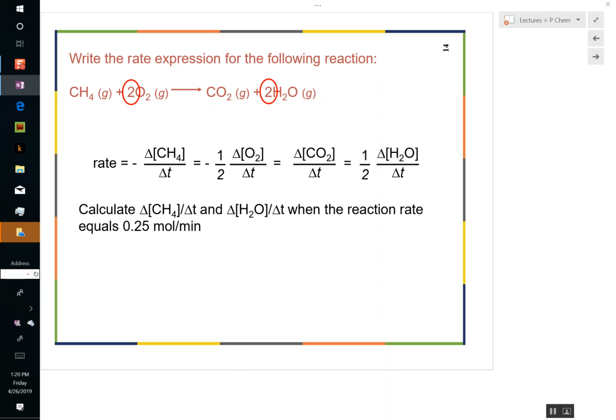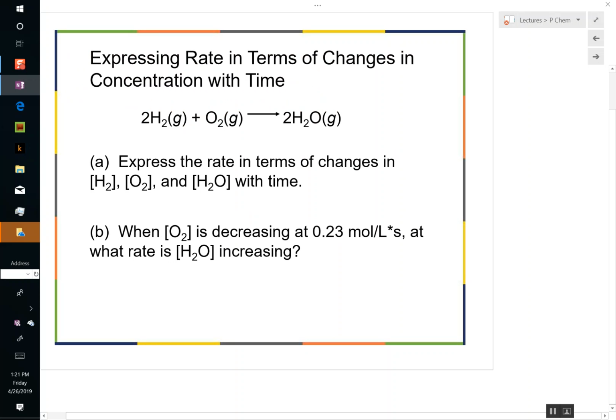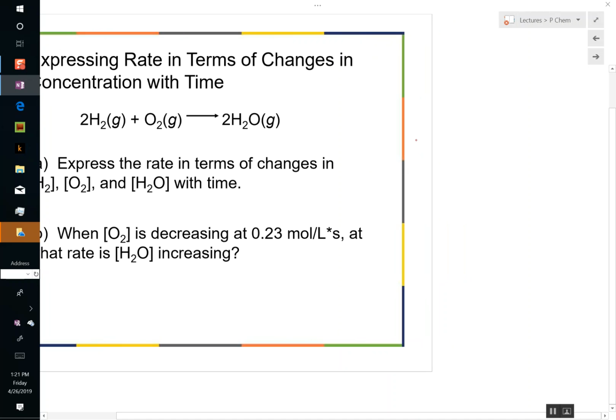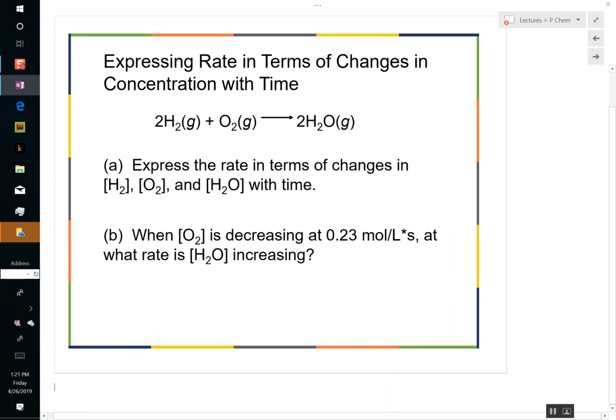All right, so those coefficients come into those, and you get these four relationships that they're equal. Here's 2 hydrogens plus 1 oxygen forms 2 waters. Express the rate in terms of changes in hydrogen, oxygen, and water. So the rate equals negative 1/2 the change in concentration of hydrogen with respect to time.